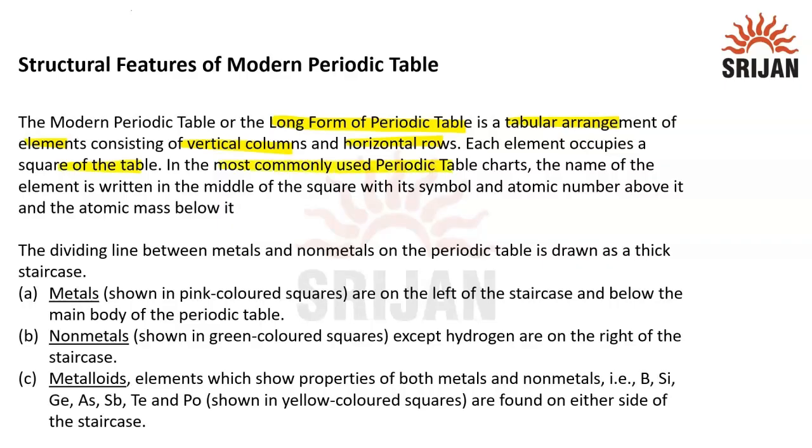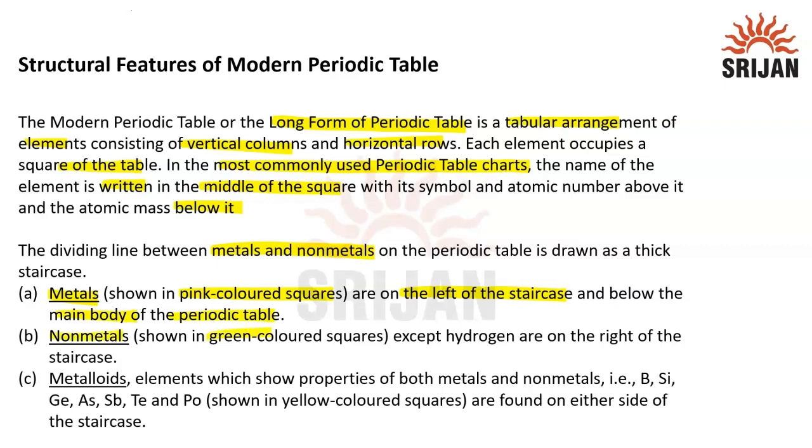In the most commonly used periodic table charts, the name of the element is written in the middle of the square with its symbol and atomic number above it and atomic mass below it. The dividing line between metals and non-metals on the periodic table is drawn as a thick staircase. Metals, shown in pink colored squares, are on the left of the staircase and below the main body of the periodic table.